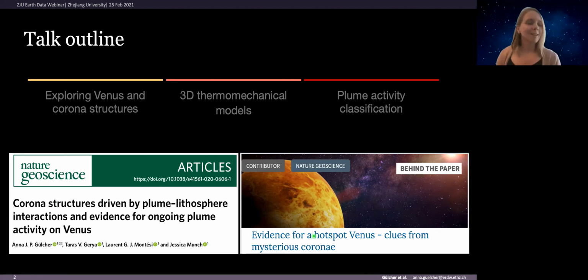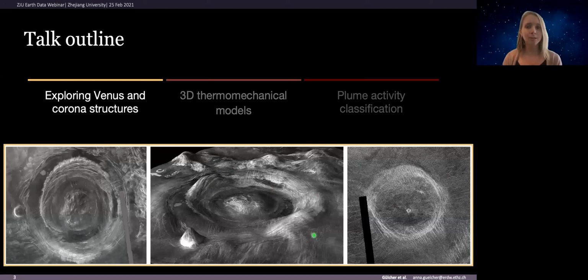My seminar today will go along three main themes that I've listed above. I will first introduce some history about how we explored Venus and what we came to know about the planet and what is so puzzling about the planet. And I'll further introduce these mysterious corona structures, of which images are shown here.